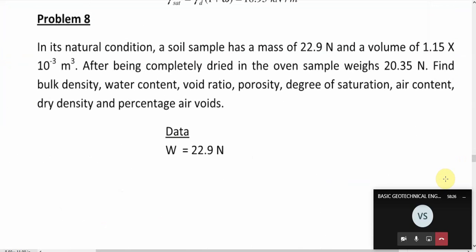Eighth problem: write down the question and solve it on your own. I'll give you 10 minutes. If there are any doubts, please ask. I'll be there for 10 minutes. Please try to solve this on your own.